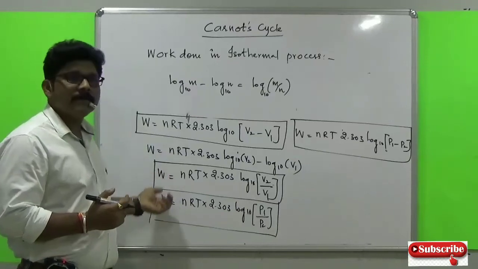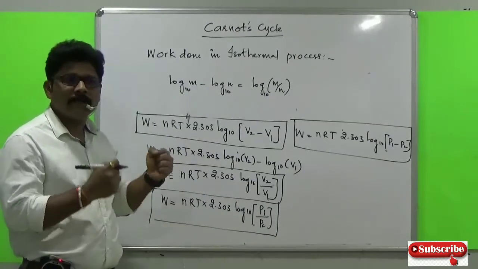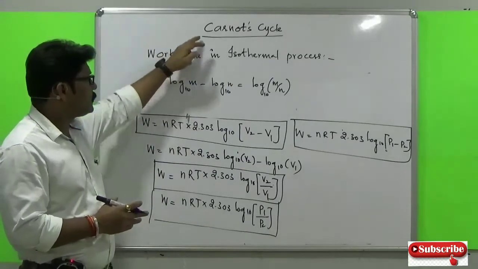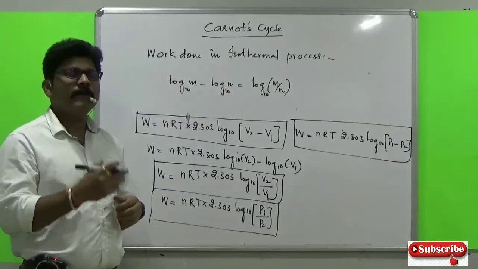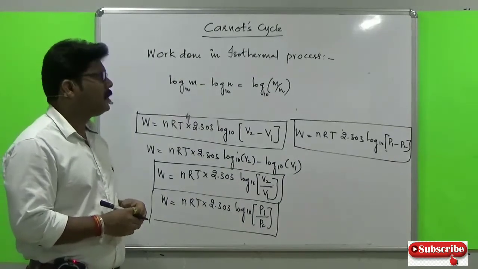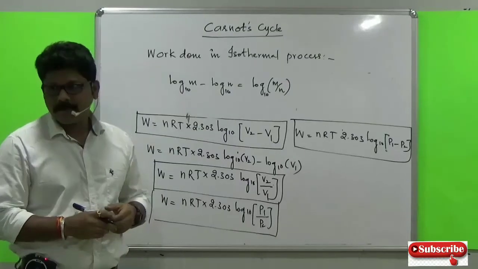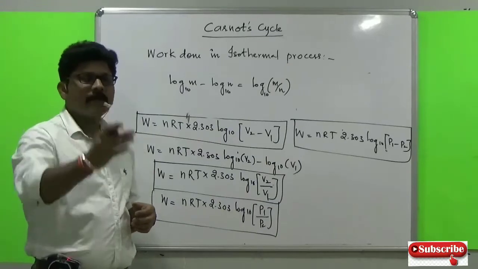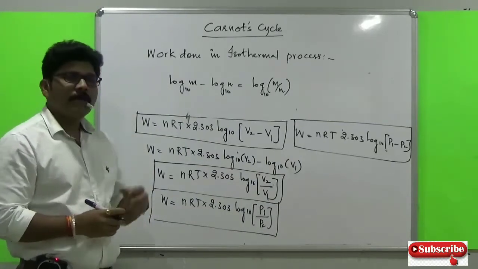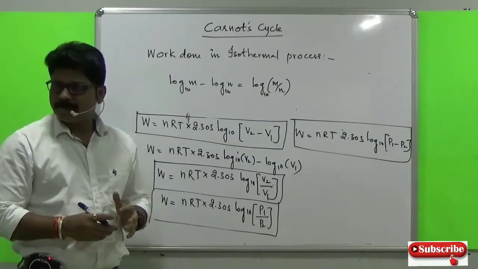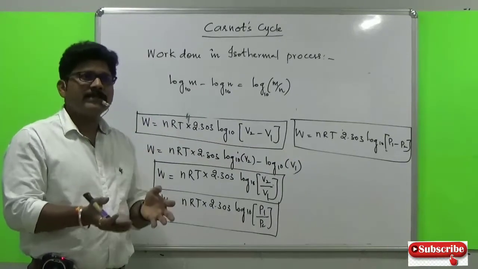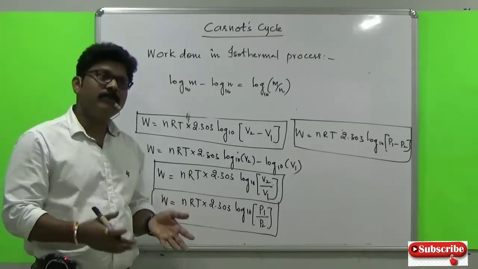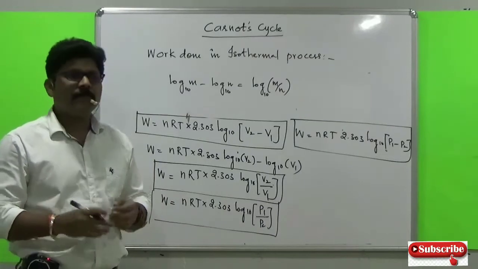So here these two equations are required for us to do this Carnot cycle. After that, what do we need? We need work done in adiabatic process. So to calculate work done in adiabatic process, what we require is the first law of thermodynamics, then what is Cp, what is Cv, specific heat of gas at constant volume, specific heat of gas at constant pressure.